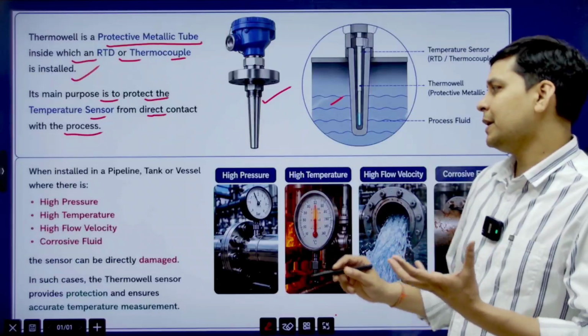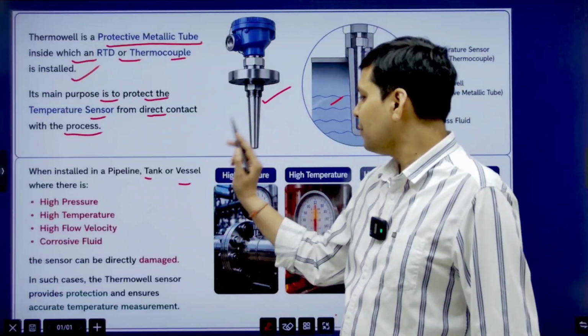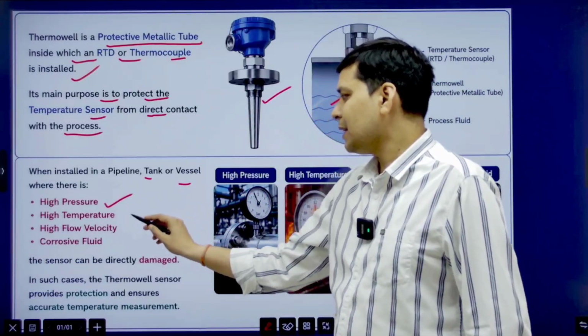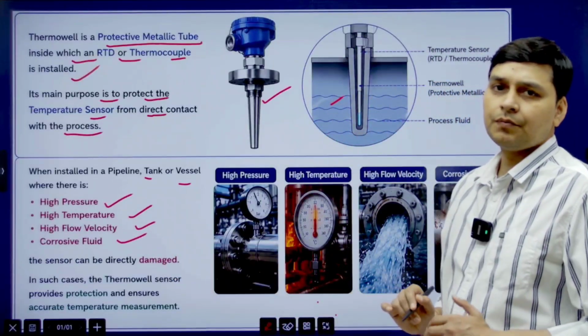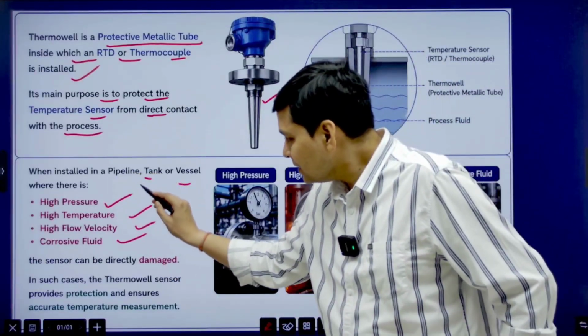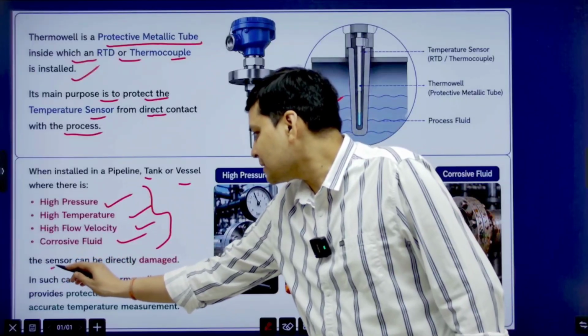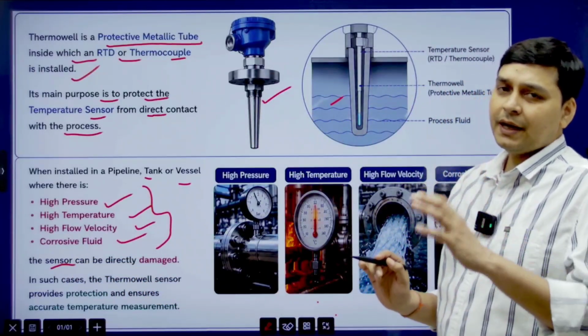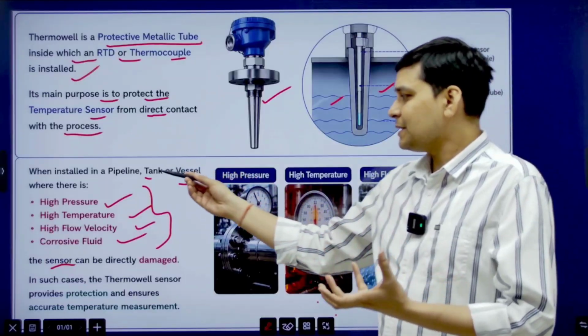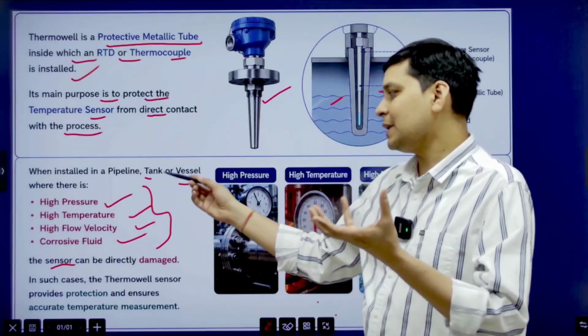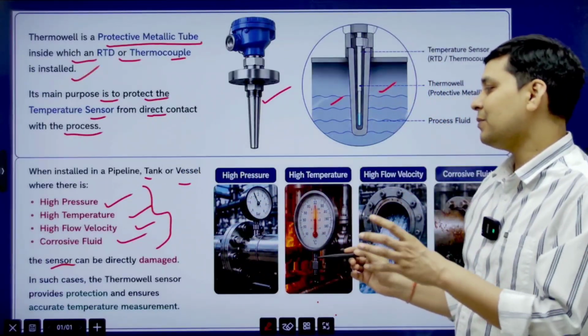Thermowell is installed in a pipeline, tank or vessel where there is high pressure, high temperature, high flow velocity and corrosive fluid, and these all can damage the sensors. If we directly insert the sensor in any process, the sensor may be damaged by high pressure, high temperature, high flow velocity and corrosive fluid.